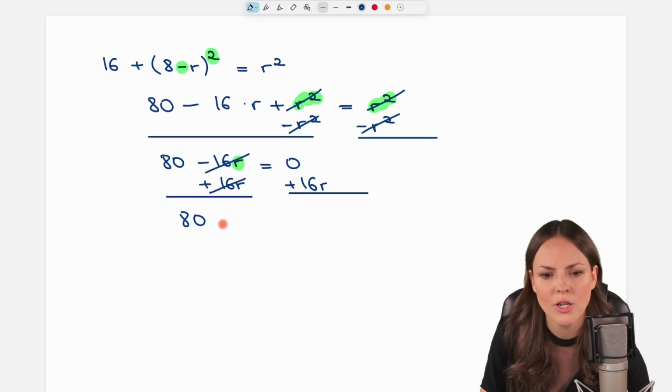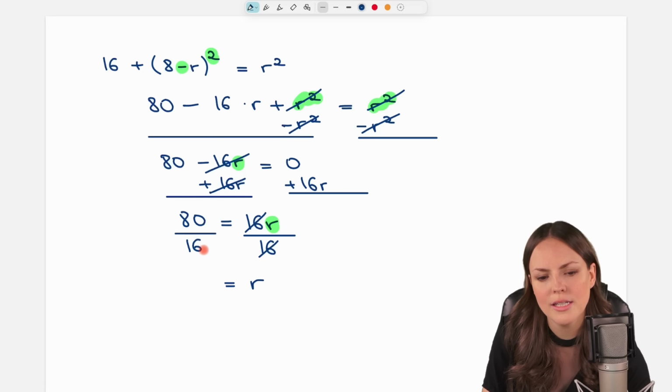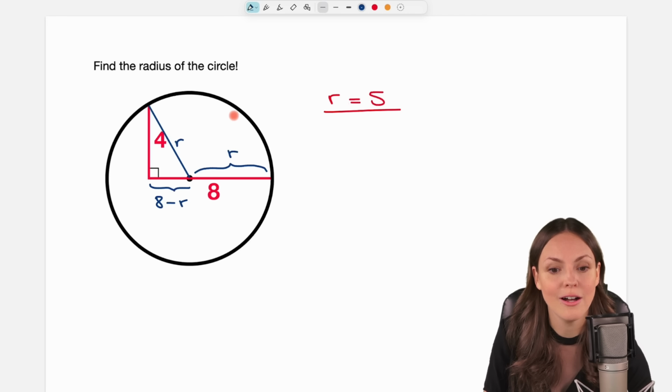This disappears. On the other side, I have in total 16r then. And to solve for r, we have to get rid of the 16, so let's divide both sides of the equation by this 16 so that it cancels out here, and I only have my r left, and 80 over 16 equals 5. We've just found our r, we found our radius of our circle, and we solved this problem.